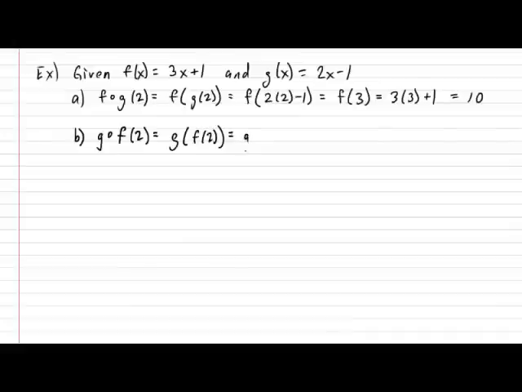So, g of, and the function f is 3 multiplied by 2 plus 1. So in the end, I'm going to end up calculating the value of g of 7. Which leads me to 2 multiplied by 7 minus 1, which is equal to 13.